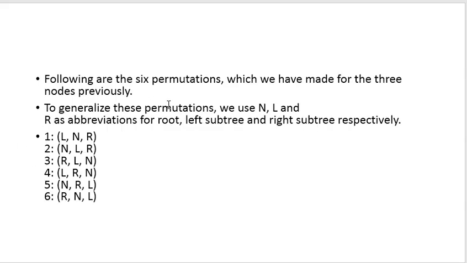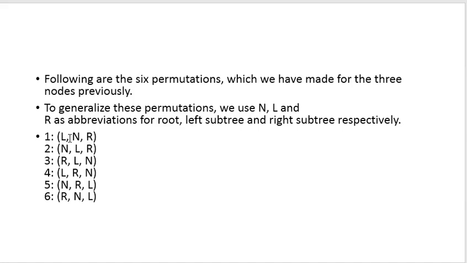So the following are the 6 permutations which we made for 3 nodes previously. To generalize these permutations, we use N, L and R as abbreviations for root, left subtree and right subtree respectively.